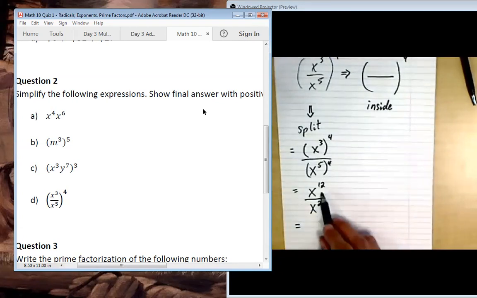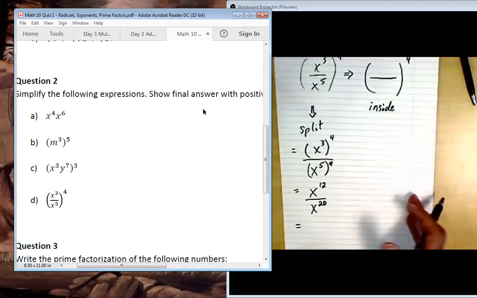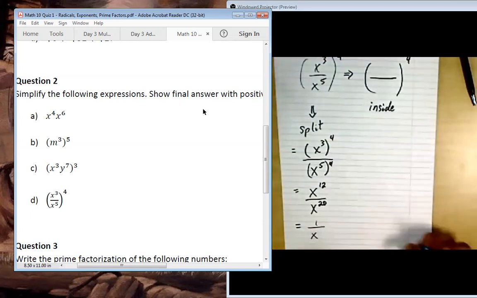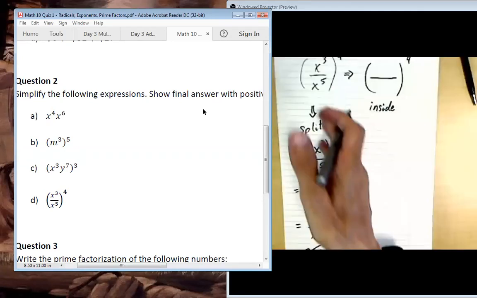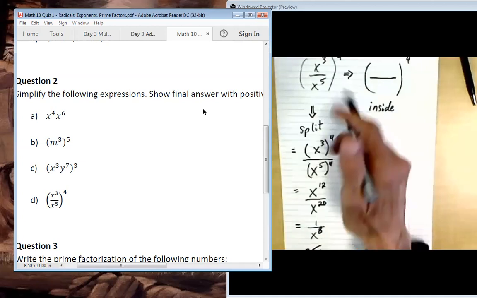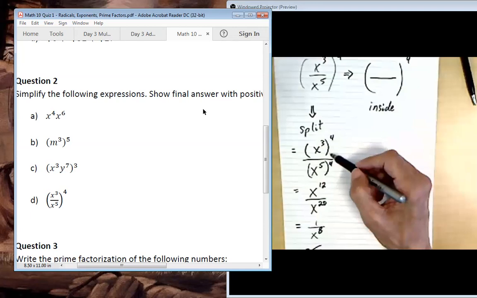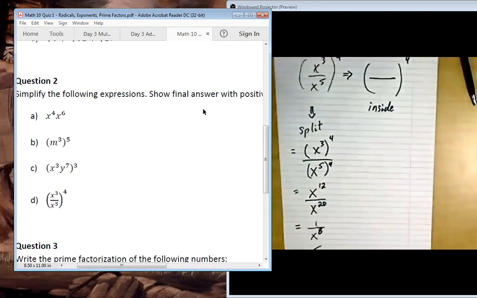In my brain, I got 12 X's, 20 X's, so all the X's are going to end up on the bottom. How many are there? 8 for sure. So that's the final answer when you do the split version. Divide into top and bottom, work out each part, and then get to the answer.